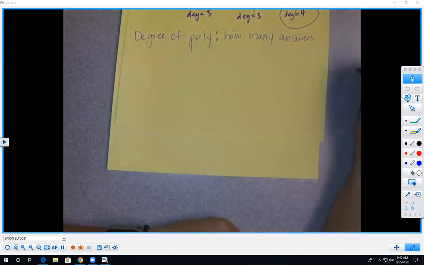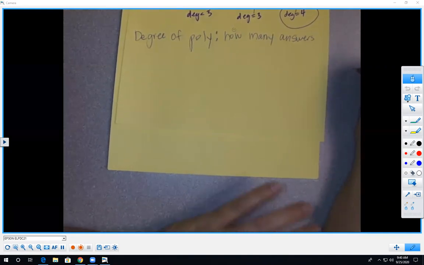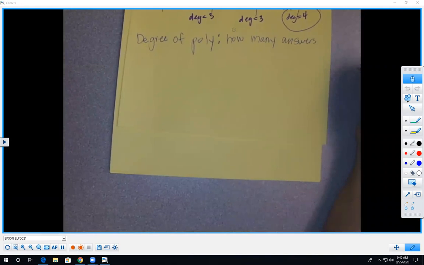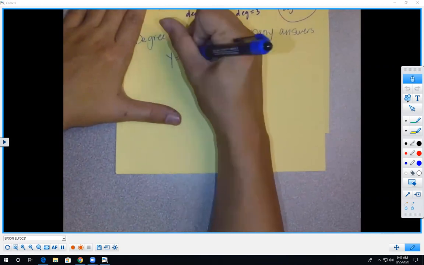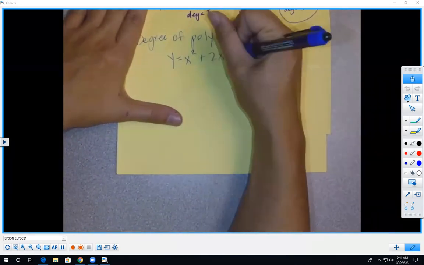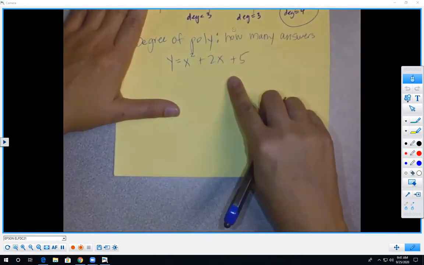So if your degree is 3, how many answers do you have? 3. If your degree is 4, 4 answers. Degree is 5, 5 answers. And this should kind of make sense because this week, like on Wednesday, when we were doing x squared plus 2x plus 5, how many answers did that have? 2 answers every time, right?